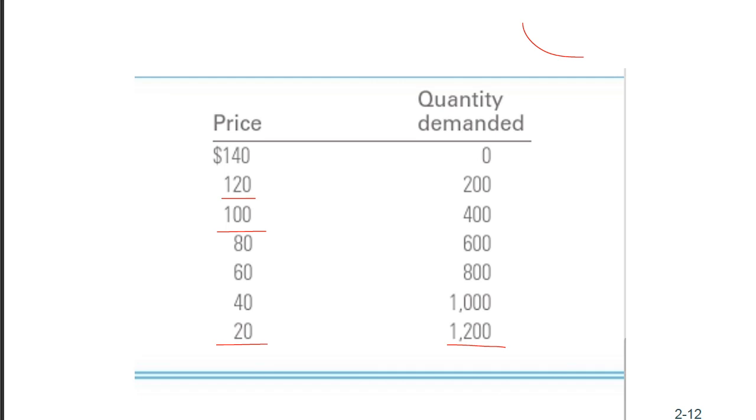In this class, and the examples and the text, some of the drawings show it as a line, but we really refer to the demand curve. Doesn't necessarily have to be a straight line.